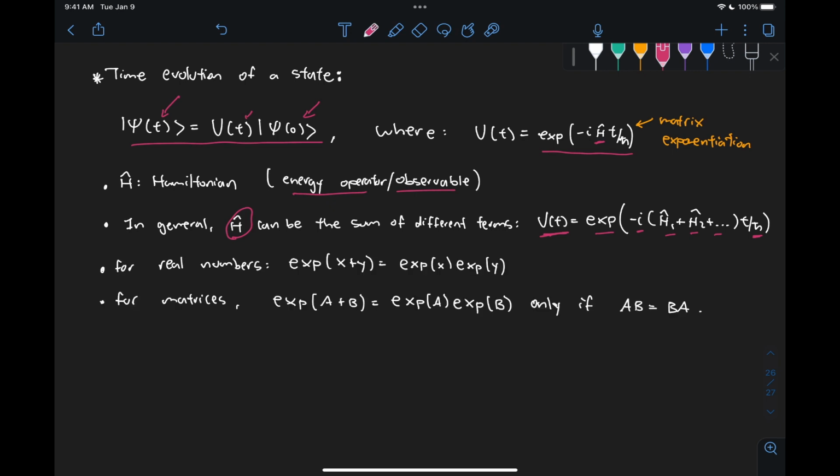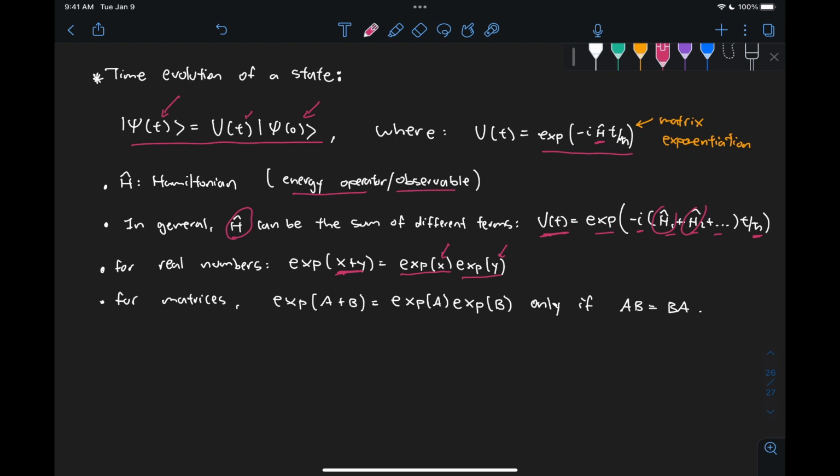The first thing to remember is that if we have an exponential of the sum of two real numbers, that is equal to the exponential of one of those numbers times the exponential of the other number. Now the problem here is that these Hamiltonians, H1, H2, and so on, are matrices.